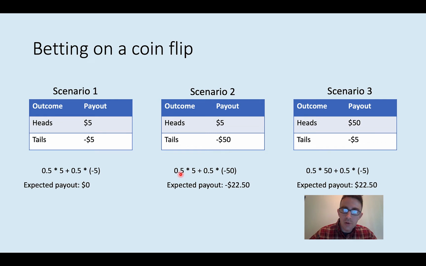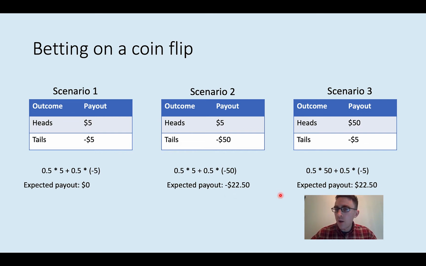For scenario 2, it's 0.5 times 5 plus 0.5 times -50, because if it's tails here, we're losing $50. We do the same calculation, but here the expected payout is negative. That's what we mean when we say something is a bad bet or an unfavorable bet: it has a negative expected payout.